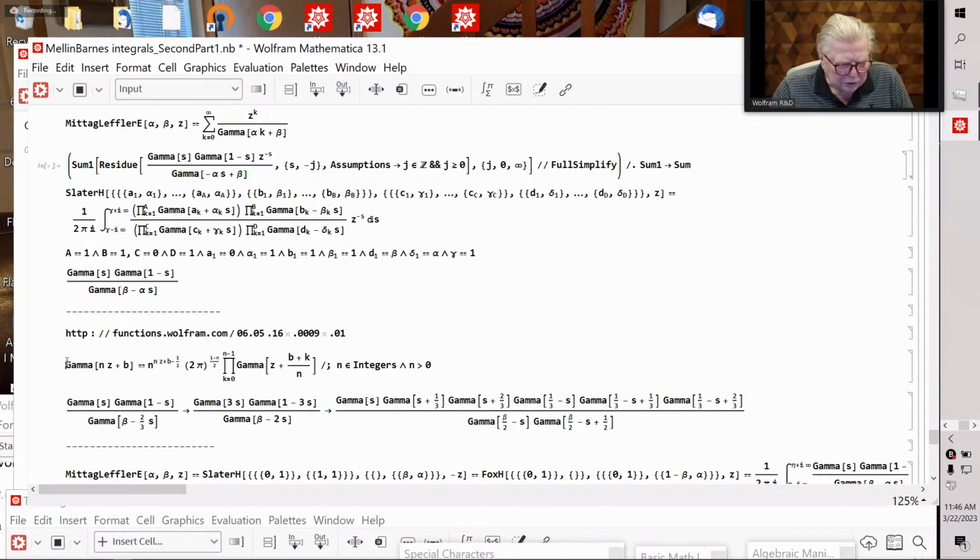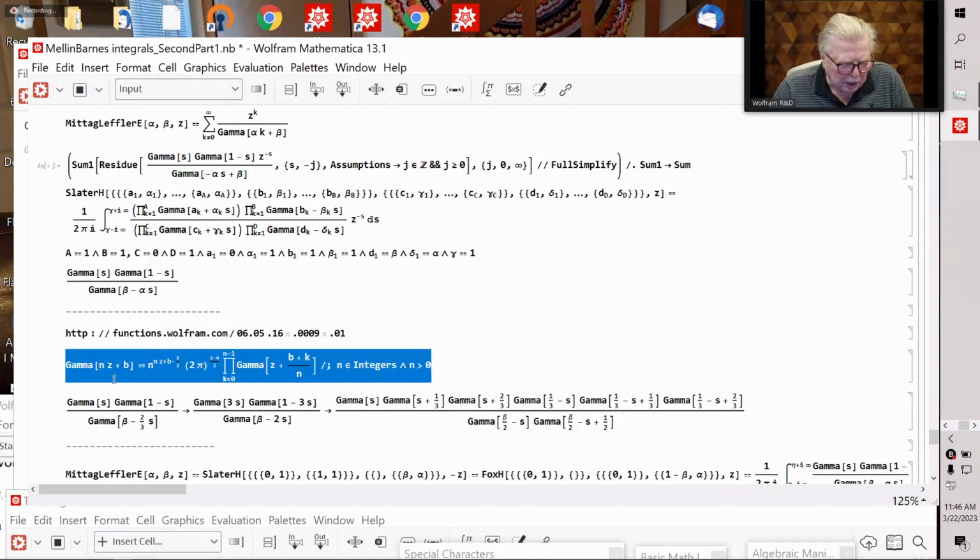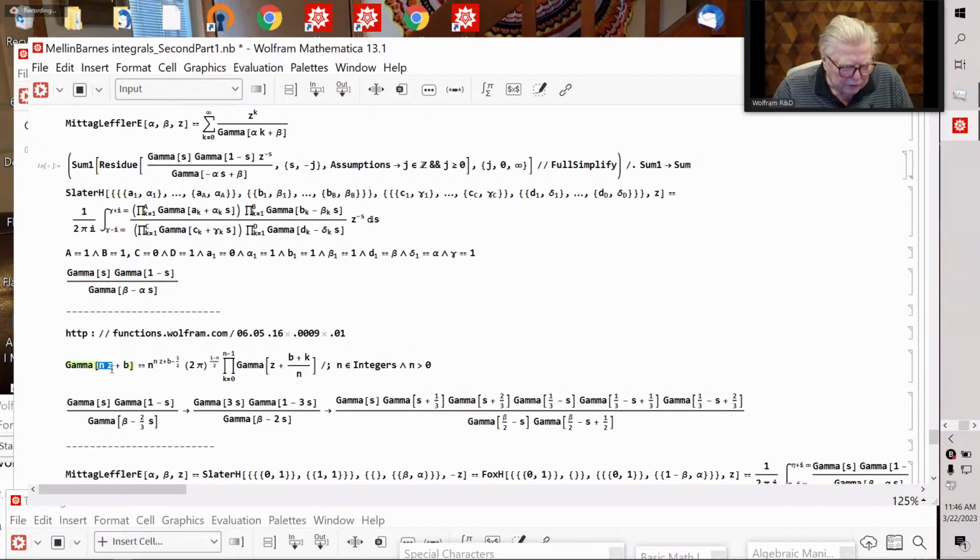Don't forget that we have multiplication formula for gamma function. If we have this product and z, we can write like product with n factors, but here only z. And something like coefficients appeared.